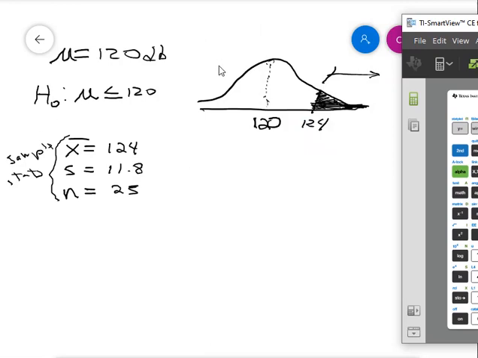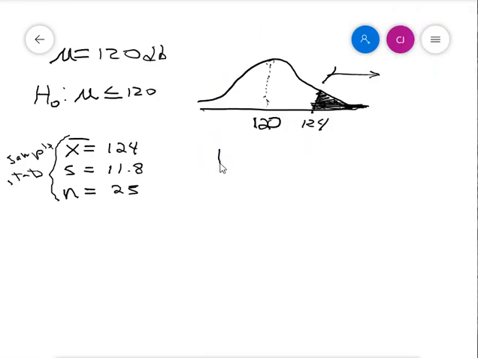All right, let's put this up here. We have t equal to 1.69, and p equal to 0.0515. And again, this is our calculator information here.